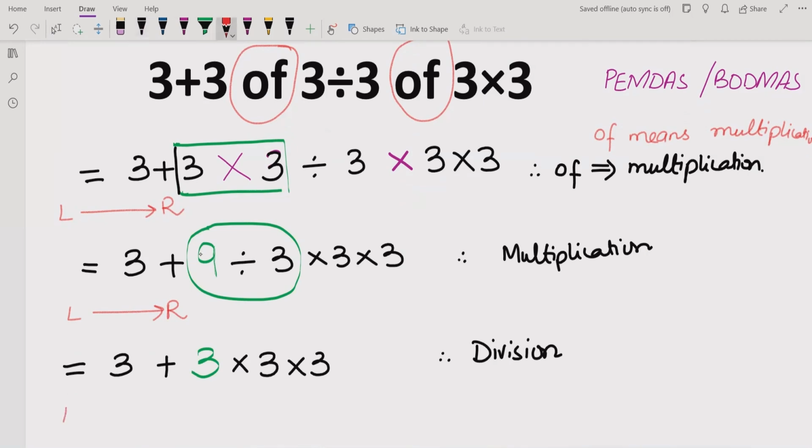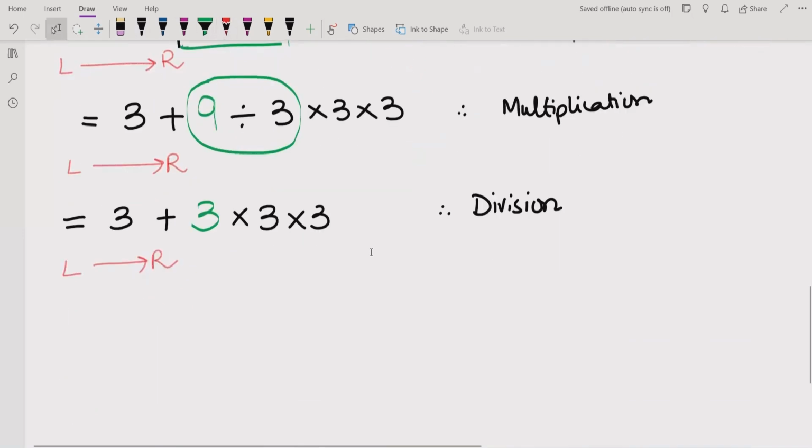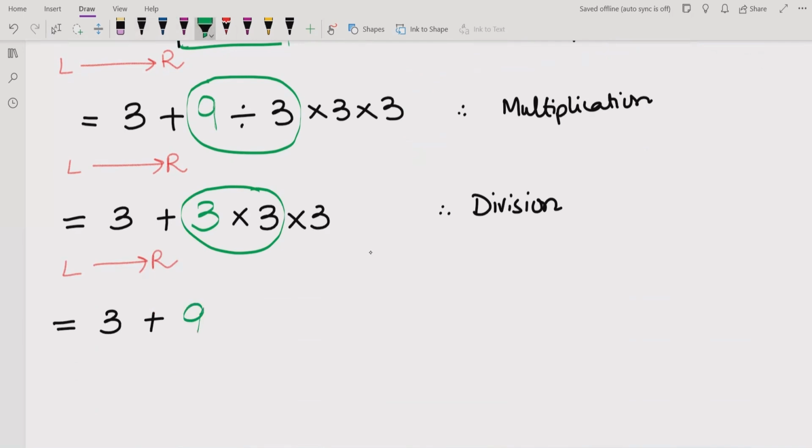Again, we will go left to right and see which one we will solve first. So this one we can solve now: 3 plus 3 is 9. And again we will multiply 3 by 3.